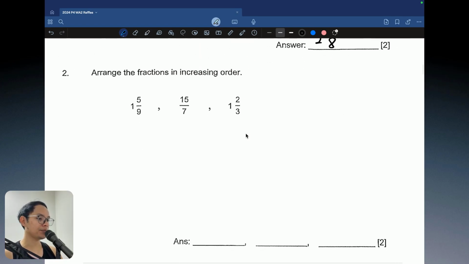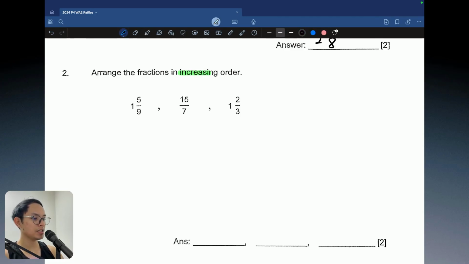Okay, next question. Arrange the fractions in increasing order. So you have 1, 5 over 9, 15 over 7, and 1, 2 over 3. So what does increasing mean?